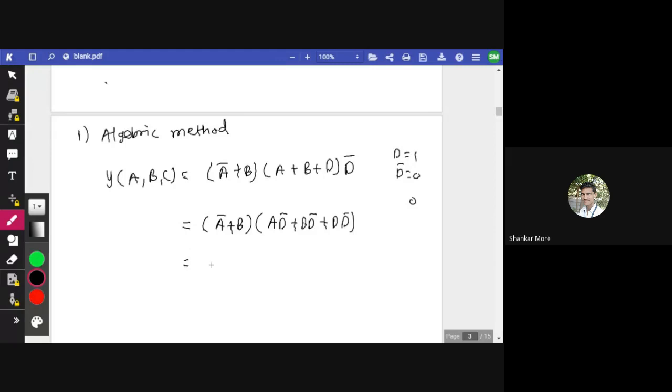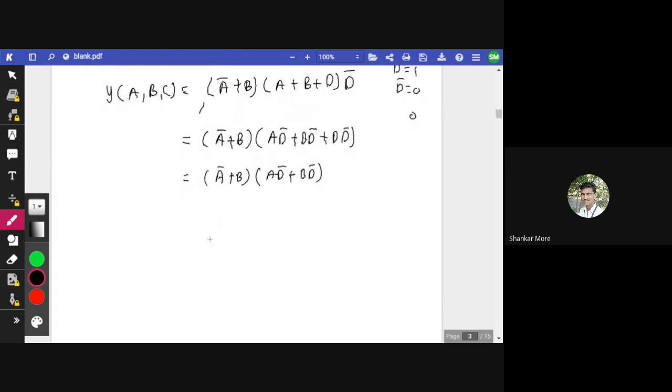We won't write it. So what we have is a bar plus b into a d bar plus b d bar, right? Then we have to multiply this. Now we have to multiply this bracket with this.